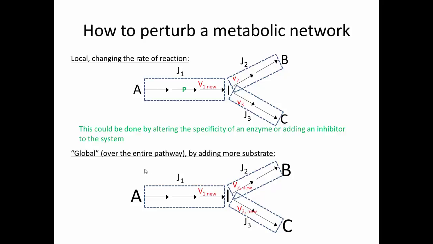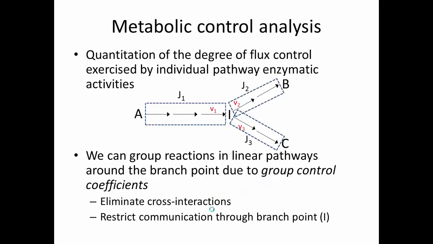We could starve for a certain substrate, so they could run out at a certain point, or they could have to make do with 10 times less substrate, and that will perturb the whole system, and that will perturb the J1 flux, J2, and J3 here. So you'll have new velocities for each of these different reaction groups.